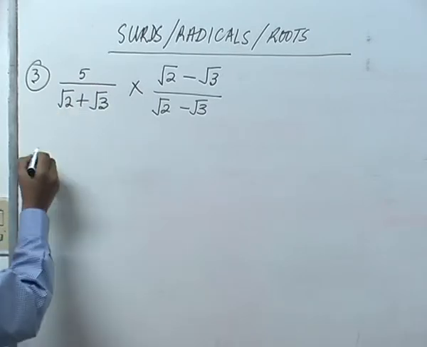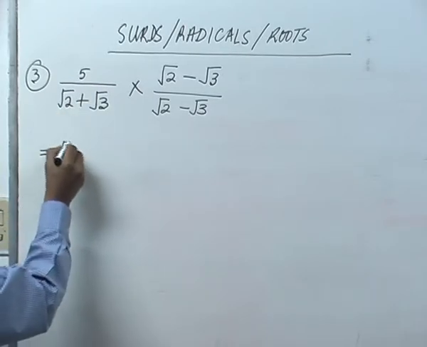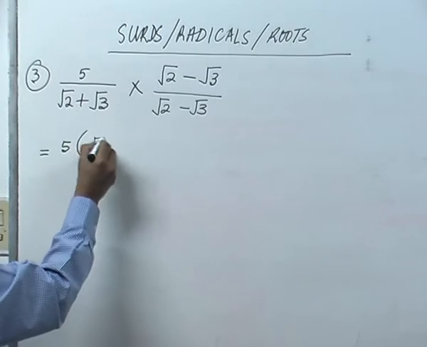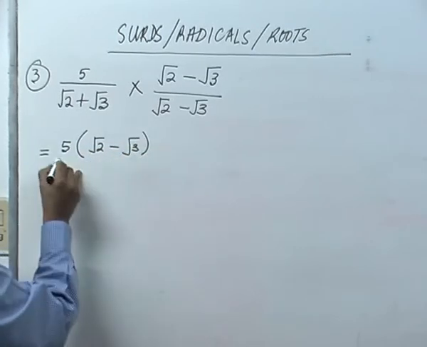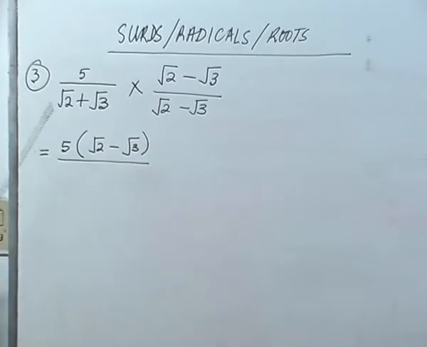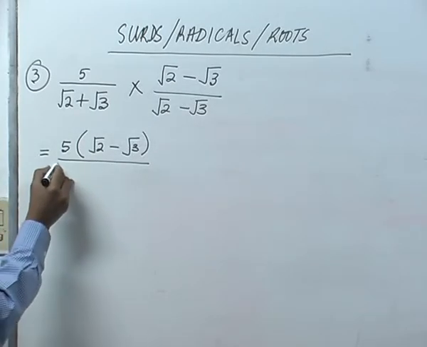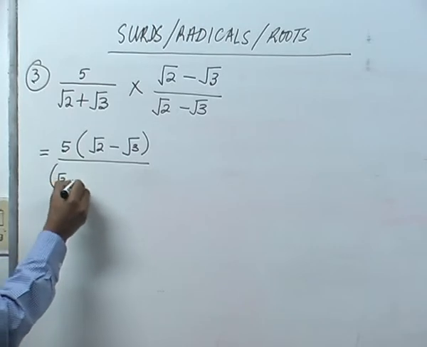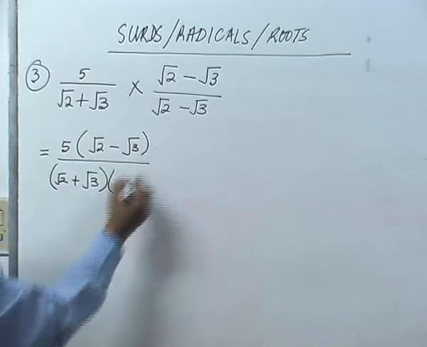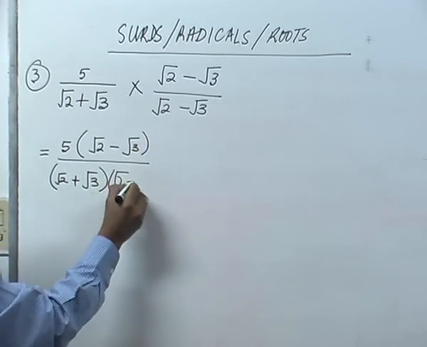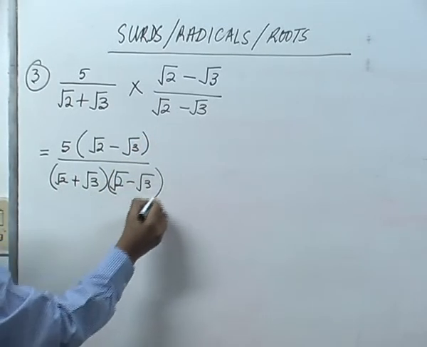In the numerator, we got 5 times square root of 2 minus square root of 3, which we could leave like that. That's what the numerator is. 5 times square root of 2 minus square root of 3, we put that in a bracket. But in the denominator, we have square root of 2 plus square root of 3 times square root of 2 minus square root of 3.